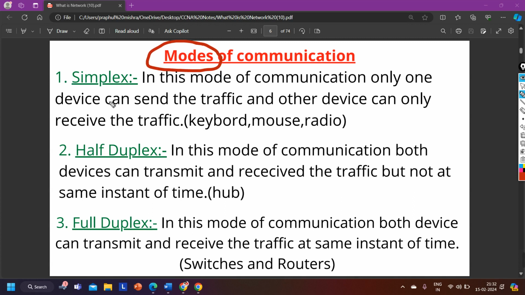Mode means how we are going to send the data. So modes of communication means how many ways we have for communication. We have three ways: simplex, half duplex, and full duplex.